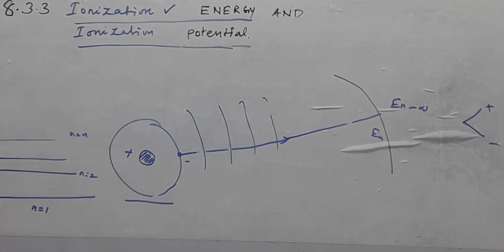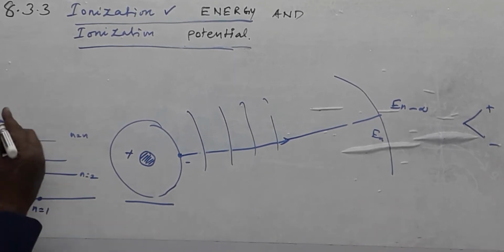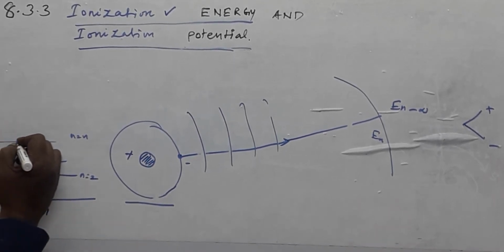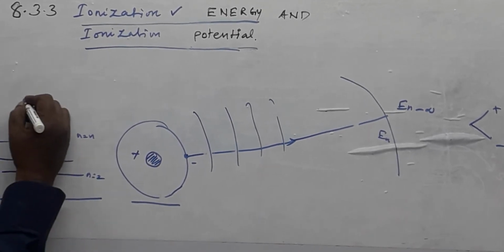If you want to knock out this electron completely from an atom, then you require some amount of energy. That amount of energy is needed to bring the electron from the nth orbit to infinity.